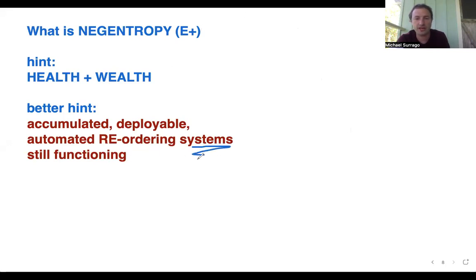If you're into natural law, systematizing, that are still functioning, of course, because any system that's complex or complicated can be damaged in various ways. But yeah, accumulated, deployable, automated reordering systems still functioning.